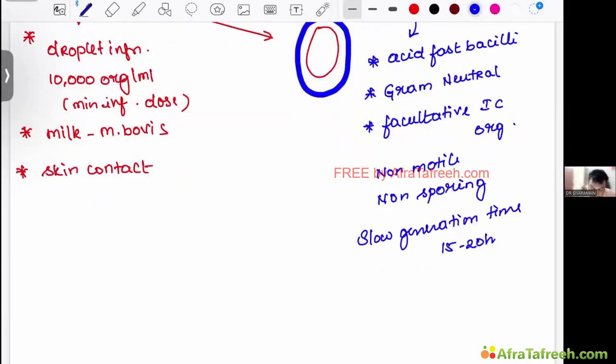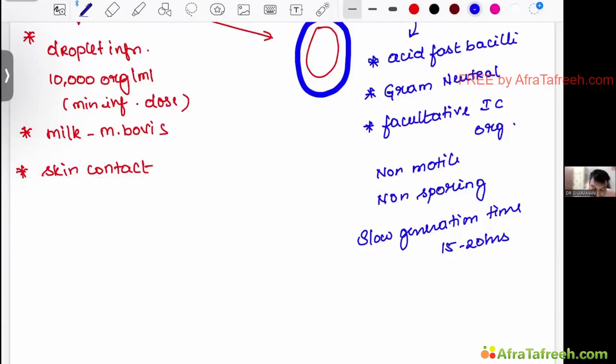So it doesn't move, it doesn't spore, it lives happily with a slow generation time of 15 to 20 hours. And this mycolic acid is the one which gives the property of acid fast nature.